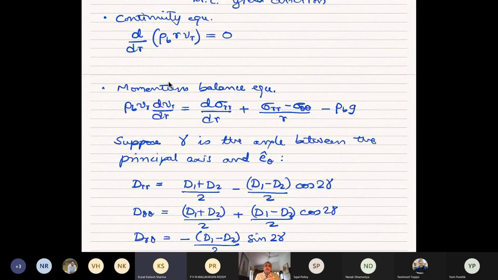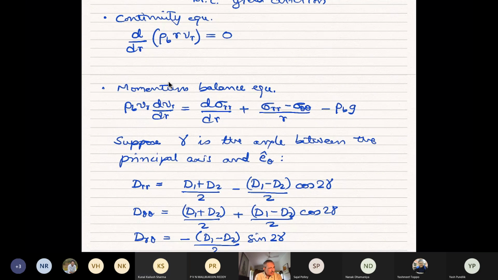No, this is just a hypothetical thing. In reality, it will always depend on g into r cos theta. But you're right, if theta is very small, then cos theta is almost equal to 1. Yes, sir, because the variation along the theta direction will be so small that we can ignore it.